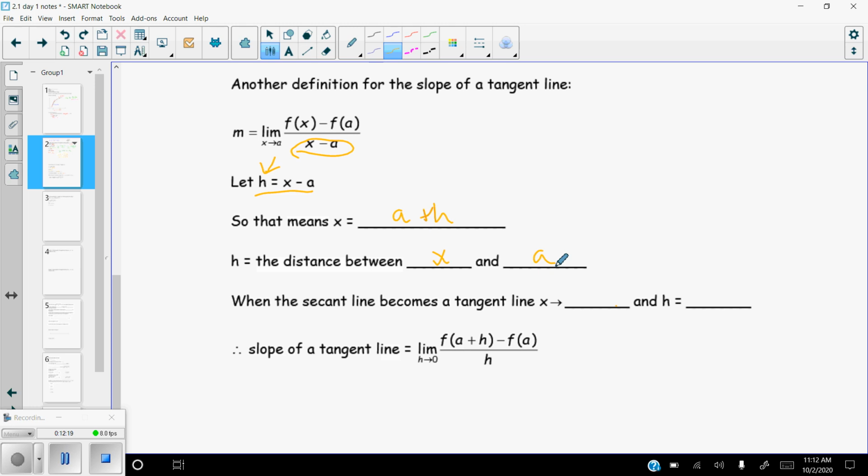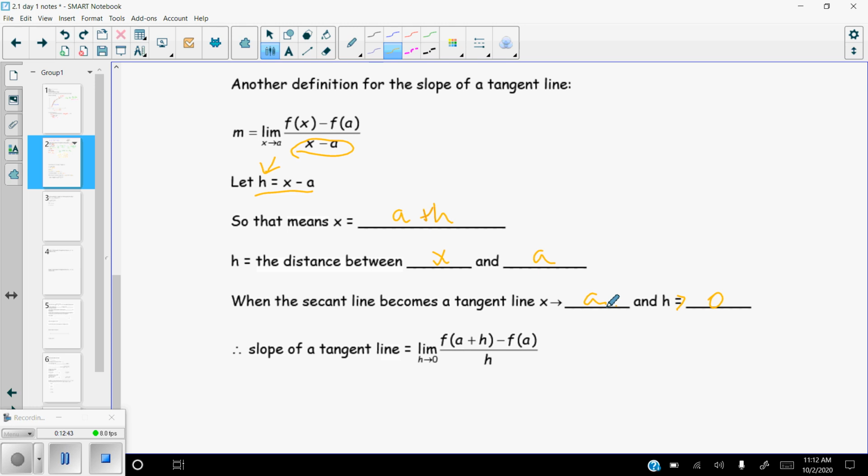And since h is that distance, we are going to let h approach 0. So as x approaches a, h is approaching 0. As x approaches a, x and a are getting very close together, so the distance between them, which is h, is getting closer and closer to 0.